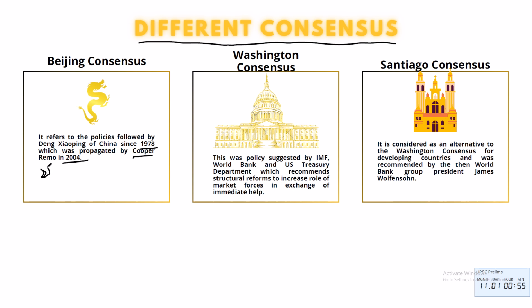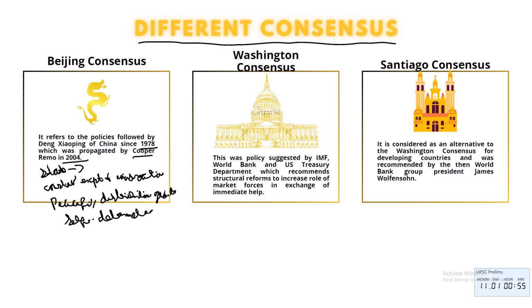It speaks about the state being a dominating player in the economy. It has three pillars: constant experiment and innovation, peaceful distributive growth, and self-determination as part of growth.